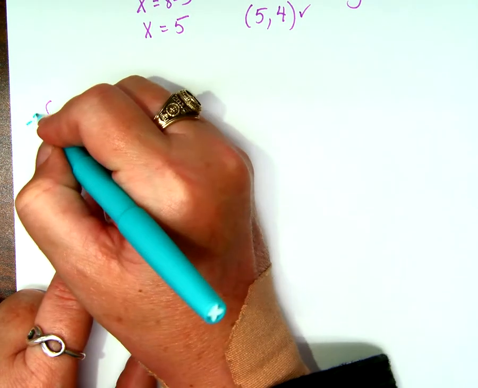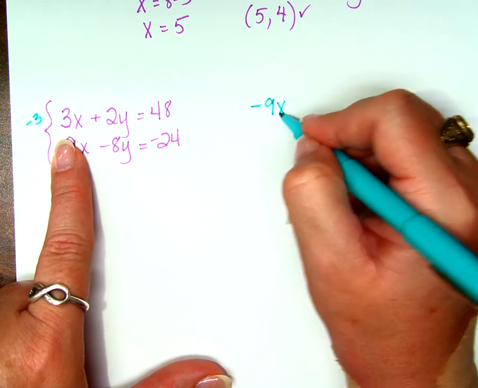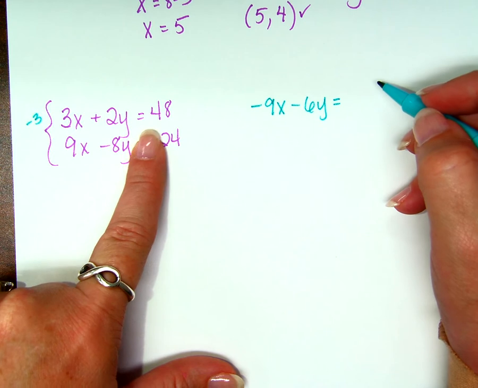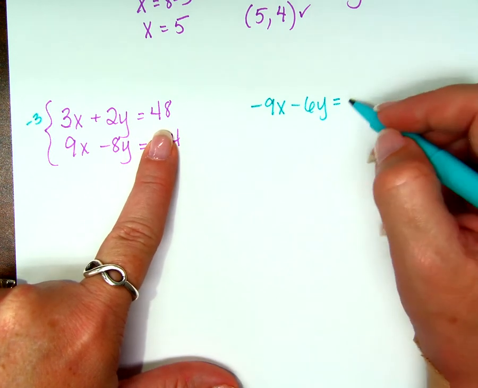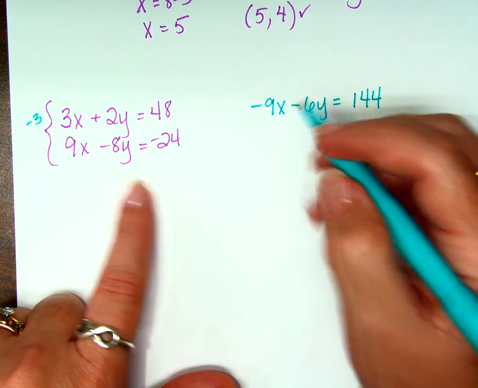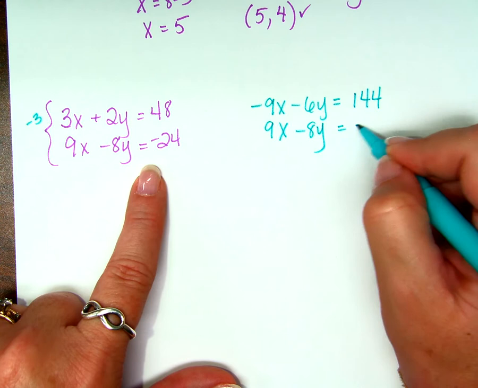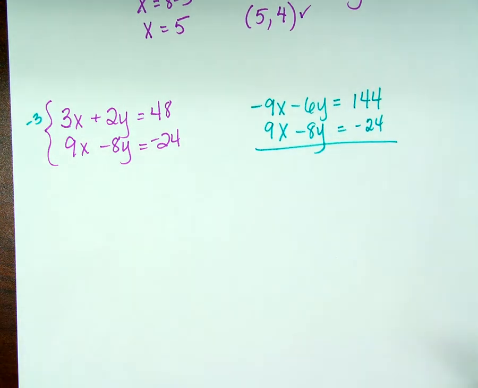Negative 3. So if I multiply the whole top equation by negative 3, I get negative 9x minus 6y equals 48 times 3, 144. And then I have this original second equation that I'm just going to write down. Okay? So now here's where the name addition comes from, because now you add these two equations together.